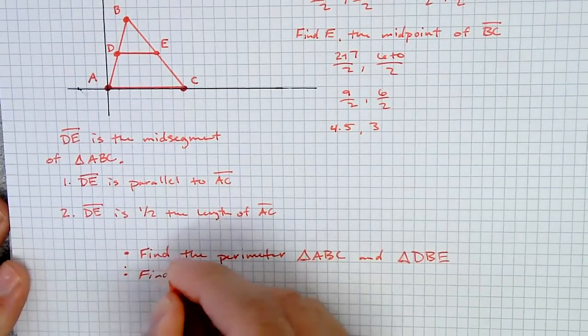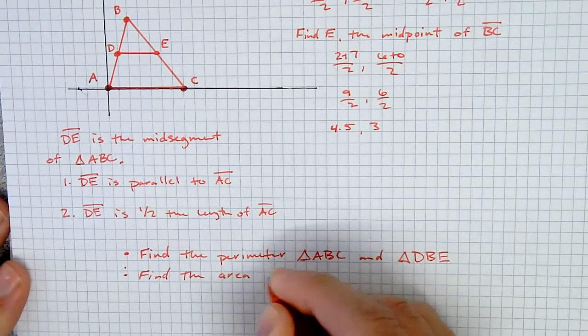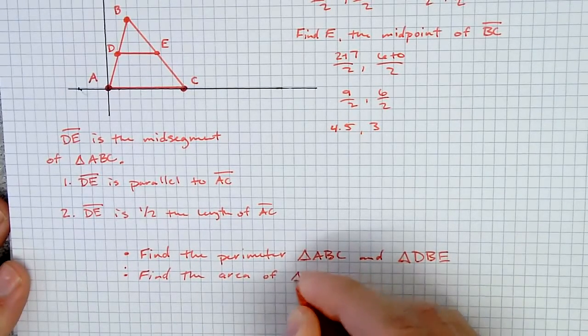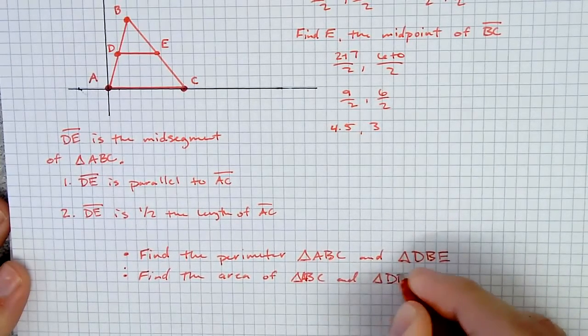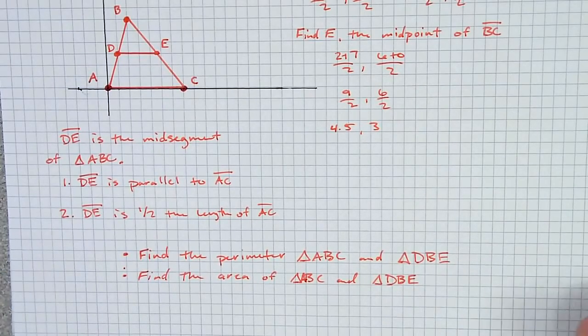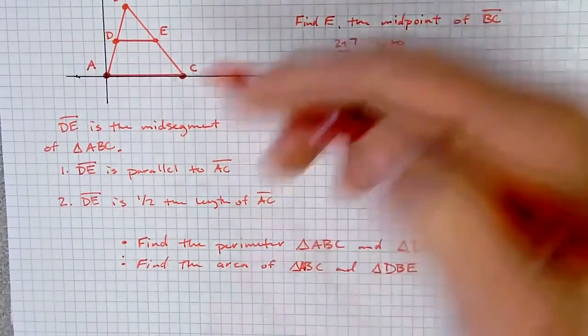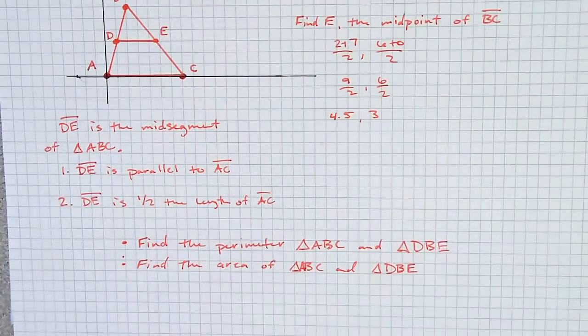And then also find the area of both of those shapes. So find the perimeter of the big triangle and the little triangle, as well as the area of both.